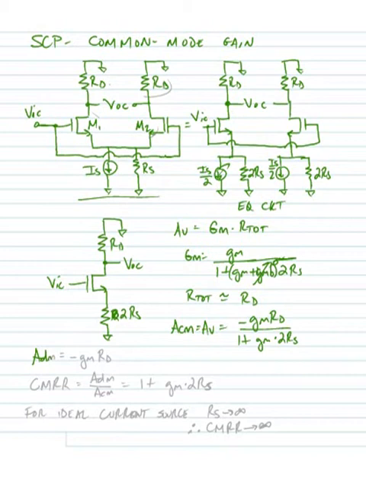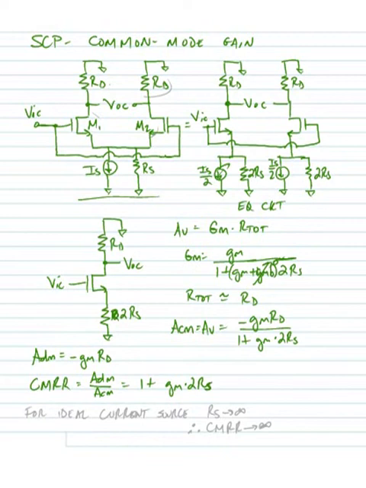Now remember that our differential mode gain was equal to minus GM times RD, and so our common mode rejection ratio, CMRR, was equal to our differential mode gain divided by our common mode gain, which is equal to 1 plus GM times 2 RS, or whatever the resistance is from the current source.